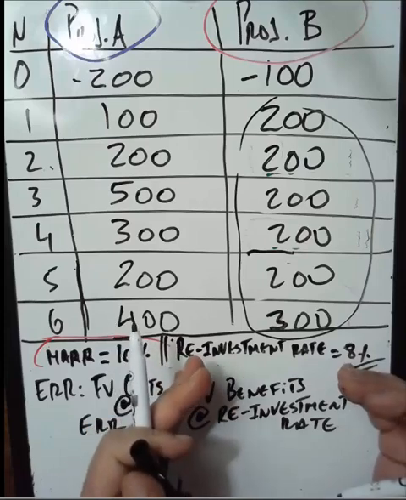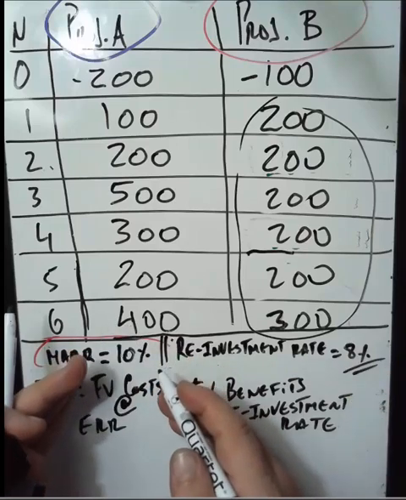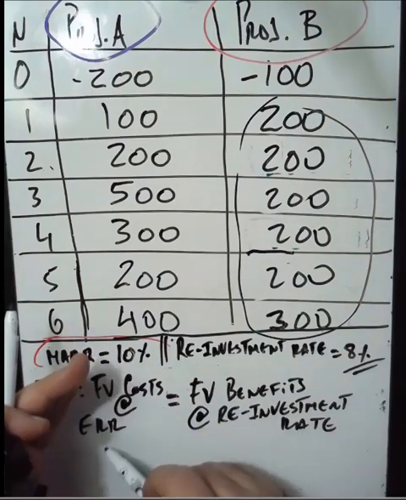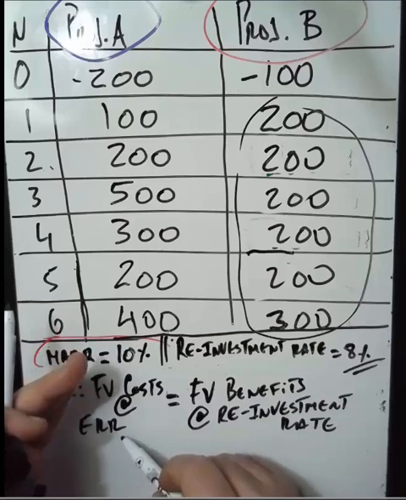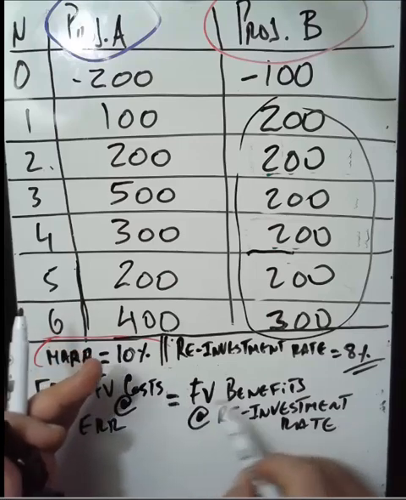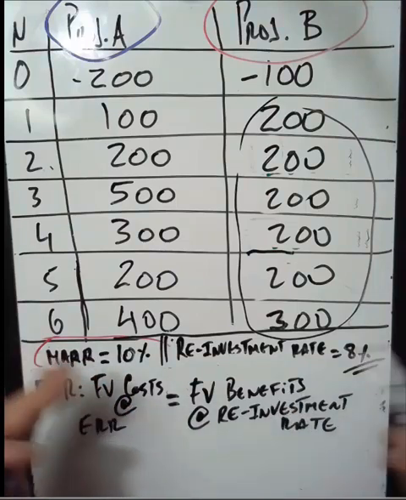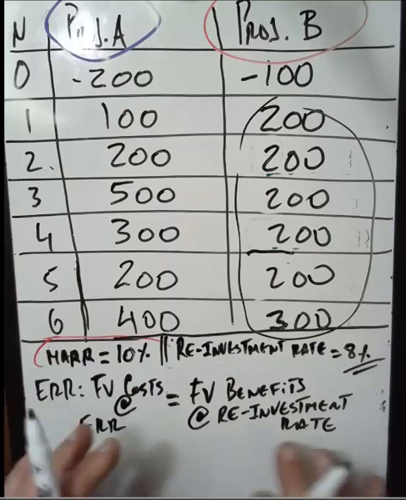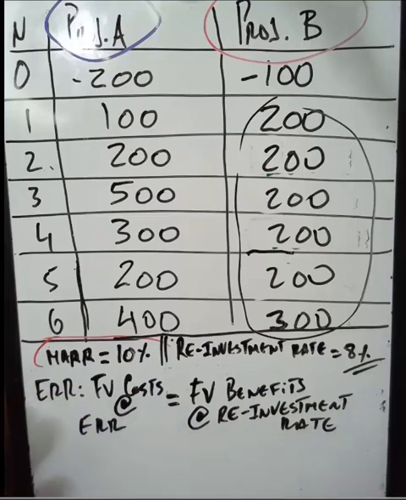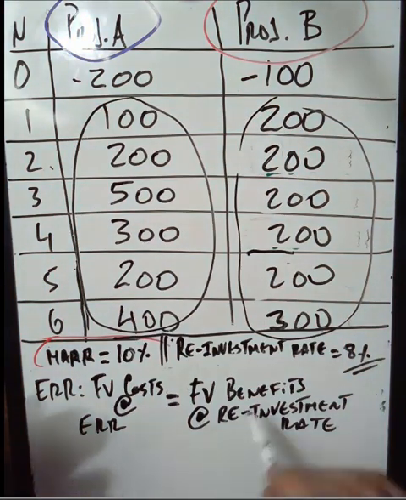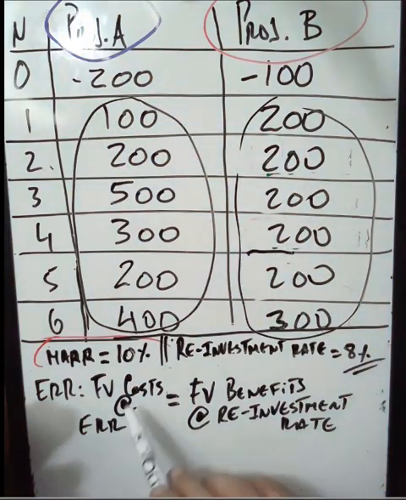So we're going to get a number here. And on this side, we have the future value of the costs at an unknown rate. So we're basically looking for the break-even rate, because we are equating costs to benefits. If the costs equal the benefits, then when you add them up it is equal to 0. So it's a break-even rate, but now focused on the future value and allowing the cash flows to be reinvested. Similar for A: this is going to be the benefits, the positive cash flows, and that's the cost.